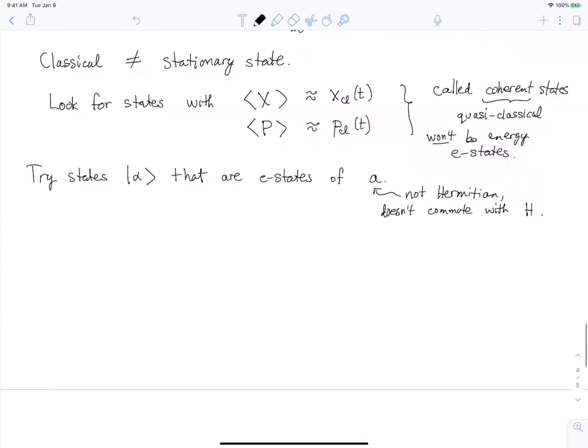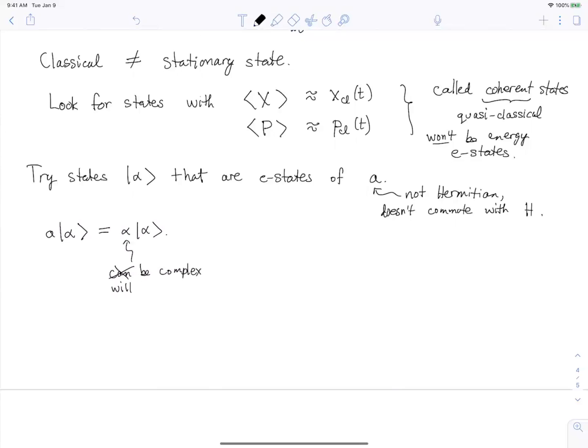So that's a good sign. The fact that it's not Hermitian means when we write down the eigenvalue problem, A on alpha is equal to the number alpha times alpha. The eigenvalue can be complex. There's no reason why it can't be, since A is not a Hermitian operator. And in fact, it will be complex.